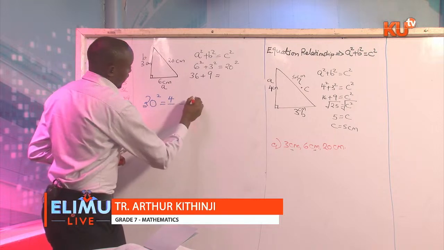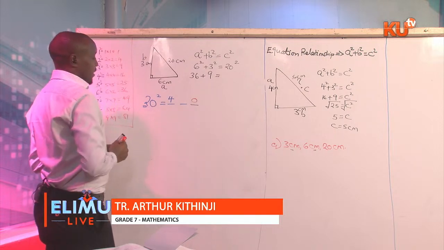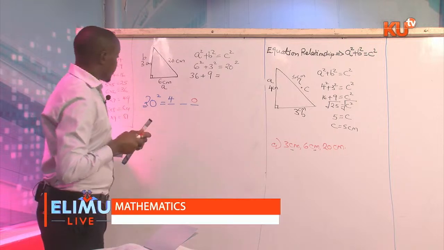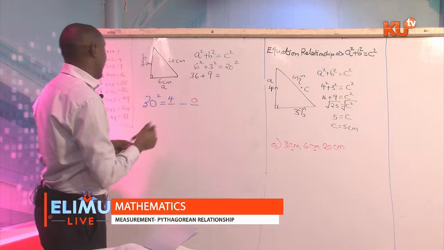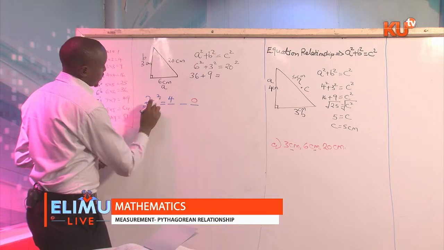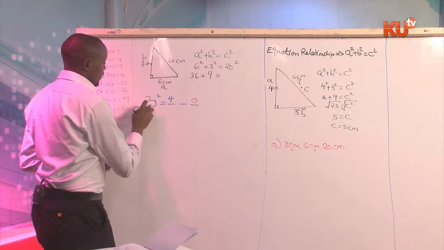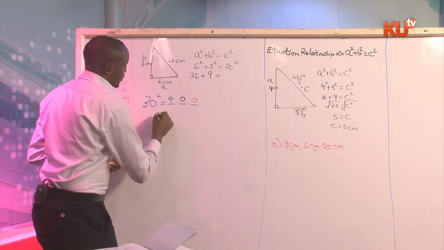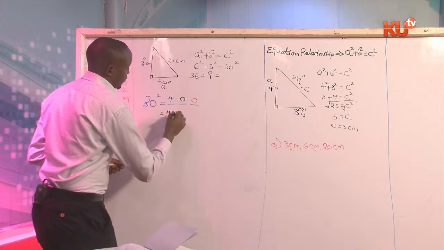So 0 squared is 0. And the middle term we shall fill by multiplying the numbers that we have. 2 times 0 times 2. 2 times 0 is 0. 0 times 2 is still 0. So the square of 20 is 400.